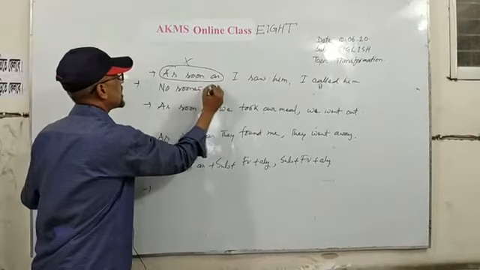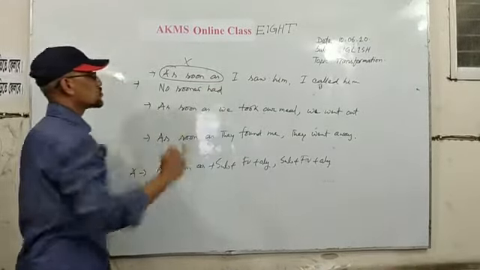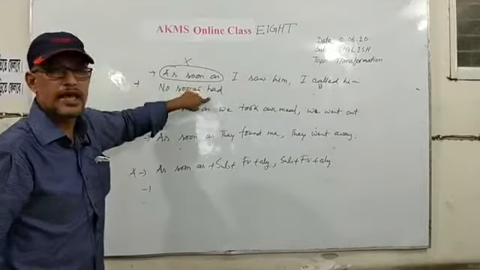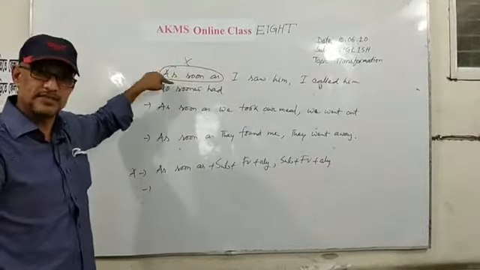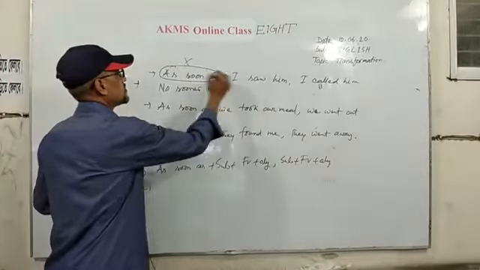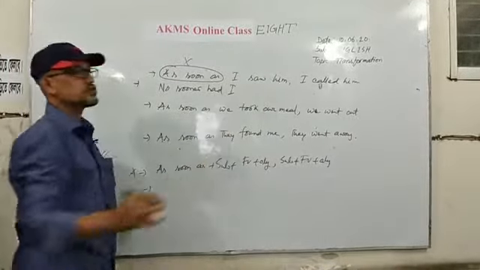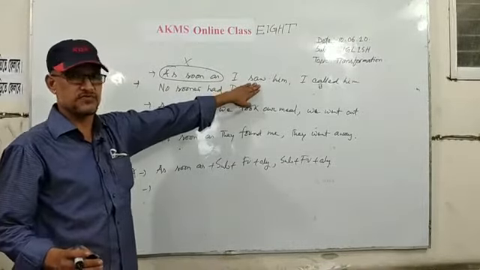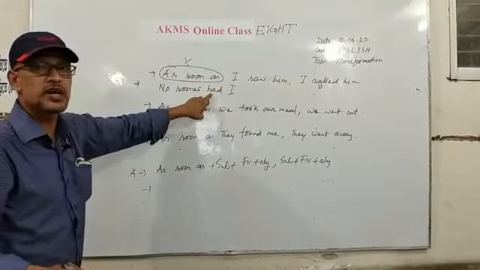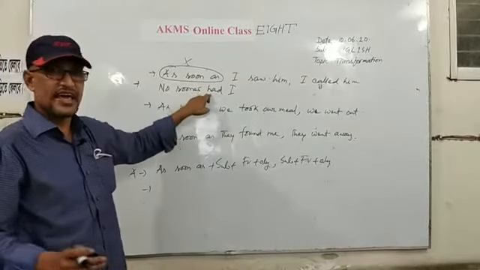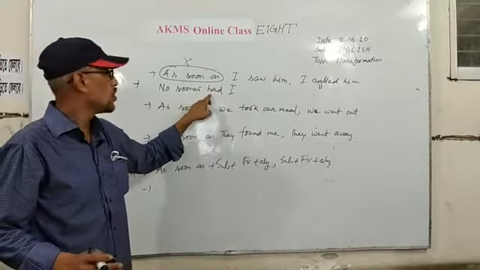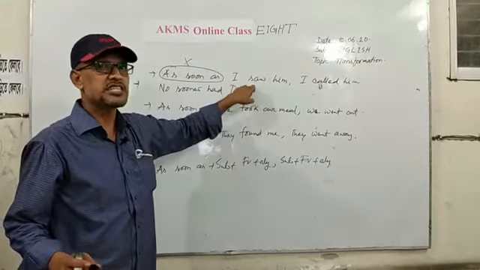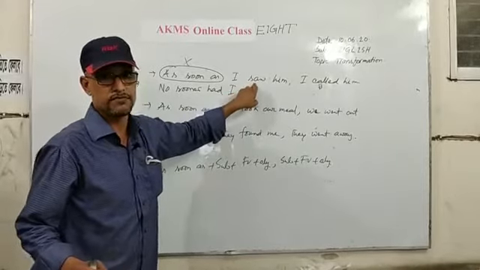Then you should use the subject. Here the verb is in the past form, but I have used "had". After "had", I should use the past participle form of this verb.